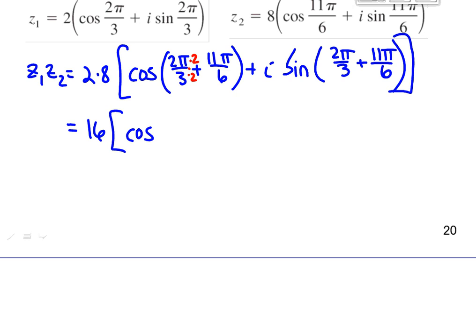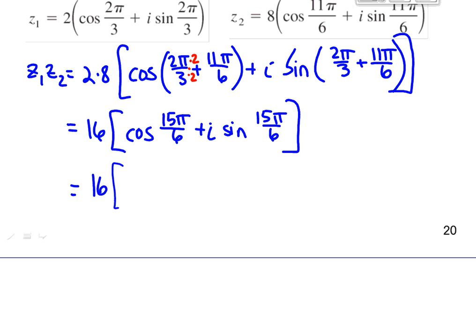So I have 4 pi over 6 plus 11 pi over 6, and that's 15 pi over 6. Cosine 15 pi over 6 plus I sine 15 pi over 6. I'm just going to leave my 16 for a minute.